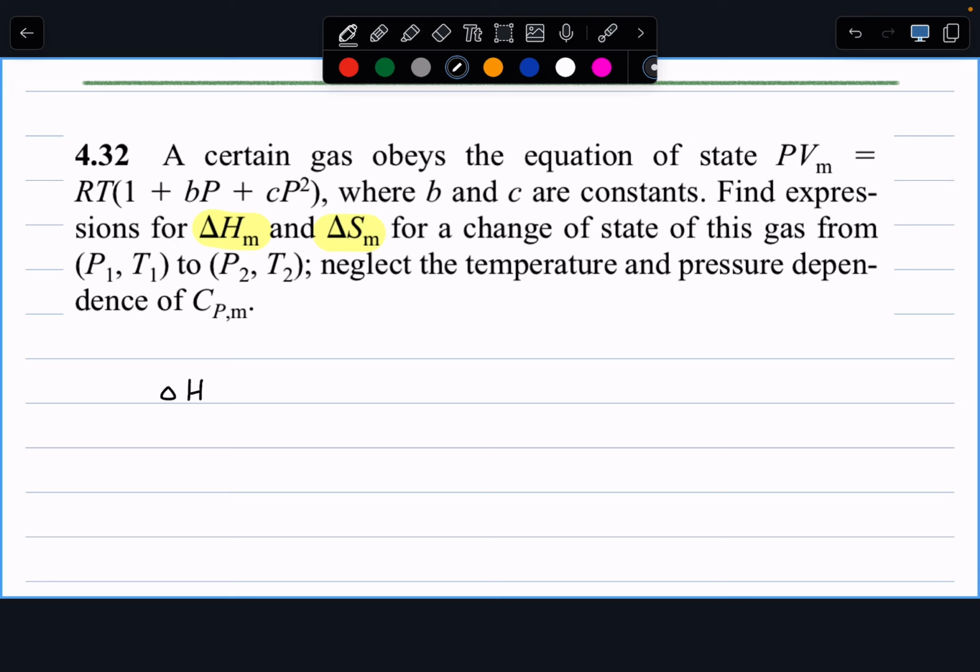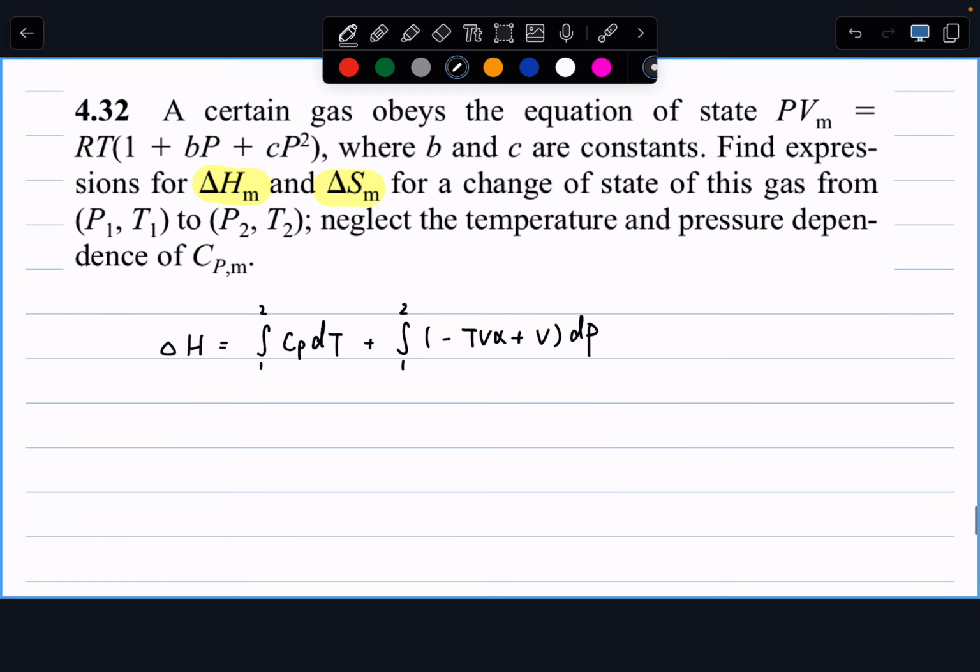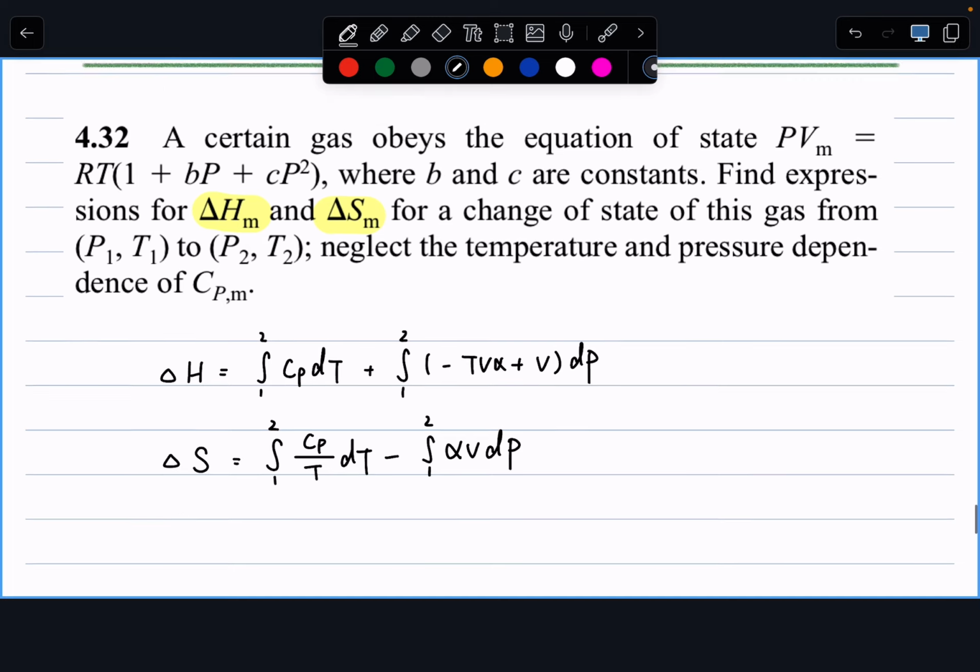So we have delta H equals the integral from 1 to 2 of Cp dT plus the integral from 1 to 2 of (V minus T alpha V) dP. That's something we derived. And also my delta S equals the integral from 1 to 2 of Cp over T dT minus the integral from 1 to 2 of alpha V dP.